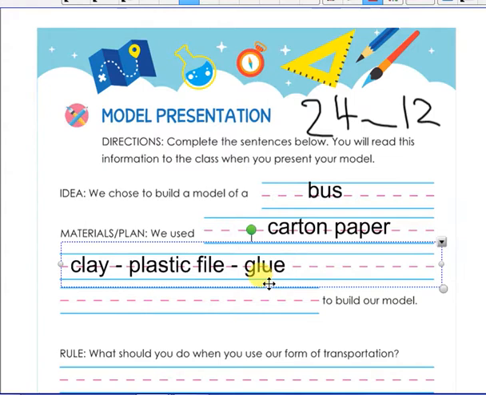Yes, we use carton paper, clay, plastic file and glue, to build our model.